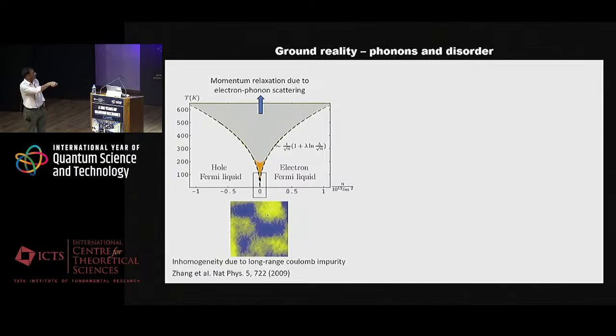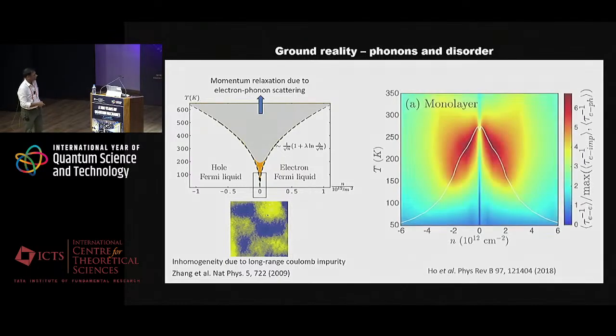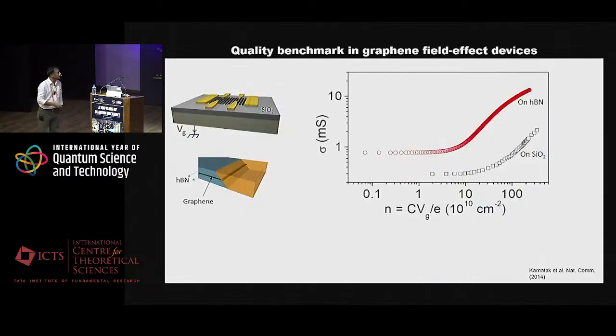Another problem is on the other side: when you go to lower temperature, closer and closer to the Dirac point, the system becomes inhomogeneous in nature. There are calculations, this is from Sufi Adam's group, and it looks like there is a temperature range of about 100 to 200 to 300 Kelvin where you can probably look for the possibility of graphene becoming a representative of what you call a Dirac fluid.